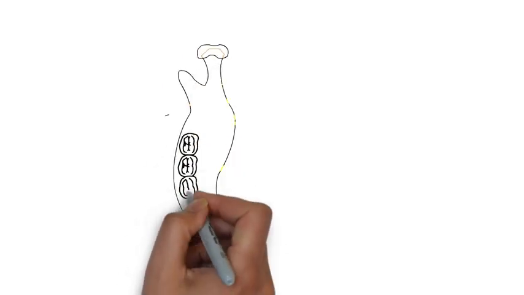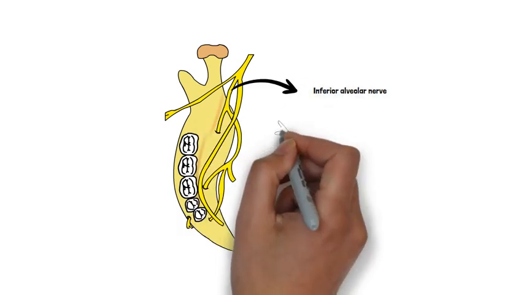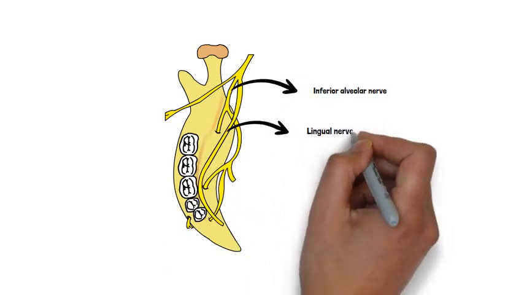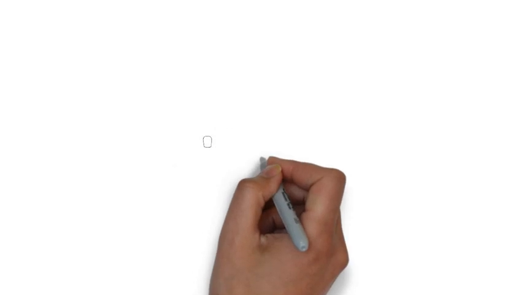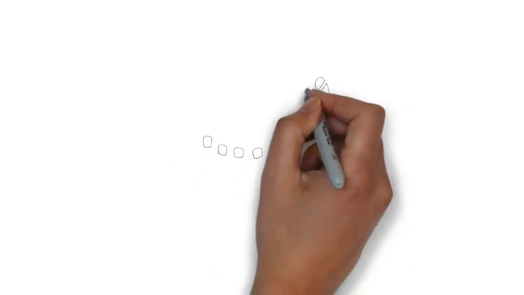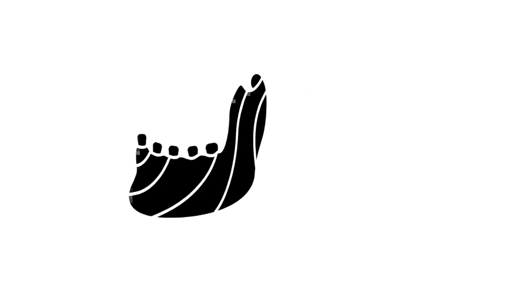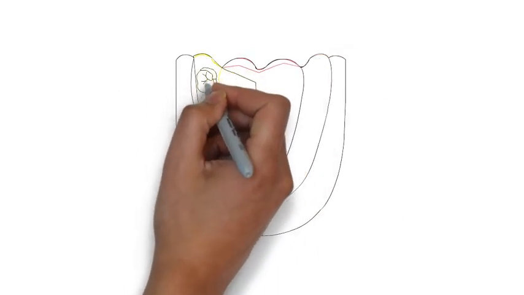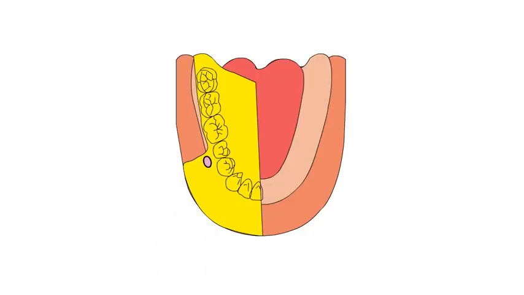The nerves that are anesthetized by inferior alveolar nerve block are inferior alveolar nerve, lingual nerve, mental nerve, and incisive nerve. And they anesthetize the following tissues: mandibular teeth up to the midline, body of the mandible, buccal mucoperiosteum and mucous membrane anterior to the mental foramen, anterior 2/3 of the tongue and floor of the mouth, lingual soft tissues and periosteum.